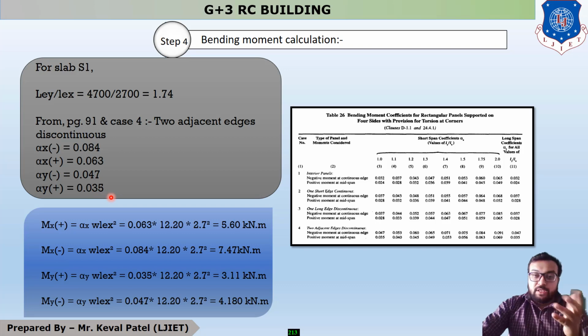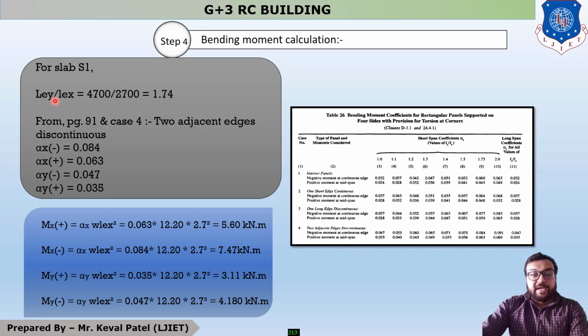Now we are moving further to the alpha x coefficient. First of all we have to find the Ley by Lex ratio. Ley is 4700, which is calculated in step number 2, and Lex is 2700, also calculated in step number 2. So this ratio is 1.74. Now you can see that the ratio values are 1, 1.1, 1.2, 1.3, 1.4, 1.5 and 1.75.